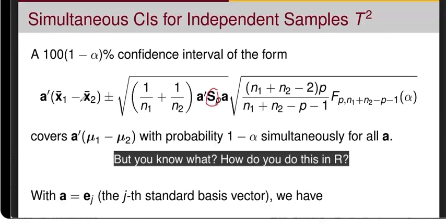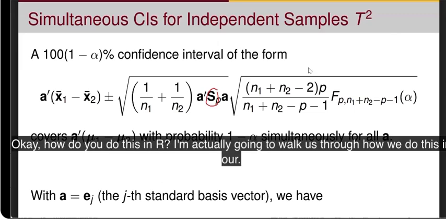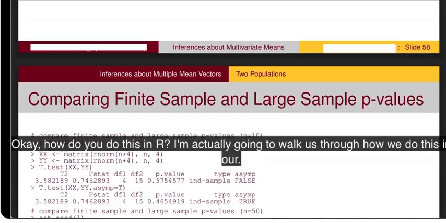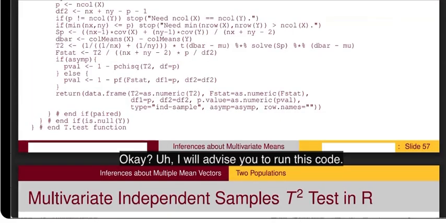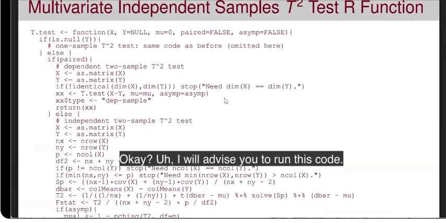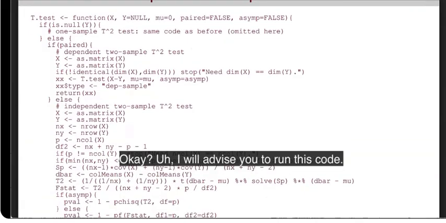But how do you do this in R? I am going to walk us through how we do this in R. I will advise you to run this code. Let me walk you through this.